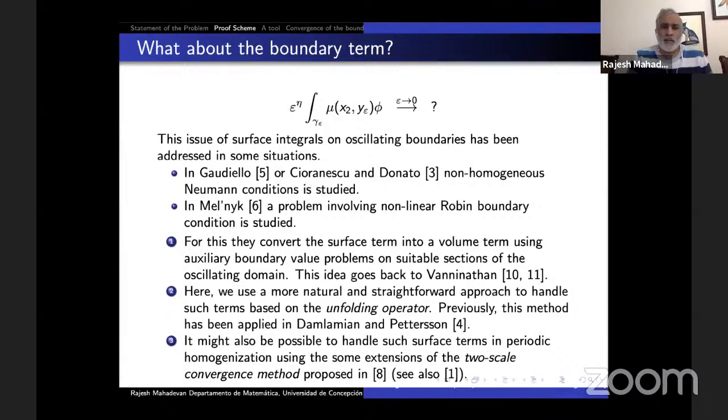So what we will say shortly is not completely new, but the approach we take is different, because in the previous works, they convert this surface term into a volume term using auxiliary functions, some boundary value problems which are introduced. I can show briefly.